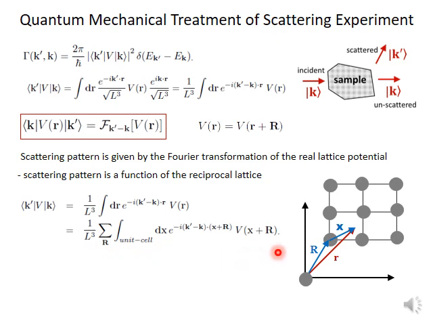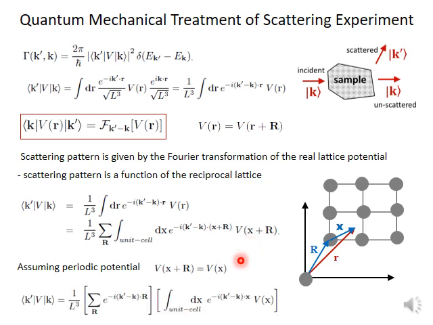So here, if you add a certain lattice vector capital R to x, you would have exactly the same potential. The property is that v of x plus R is equal to v of x. So v of x plus R can be replaced by a simple v of x, and once you do it, you have a dot product in the exponential.